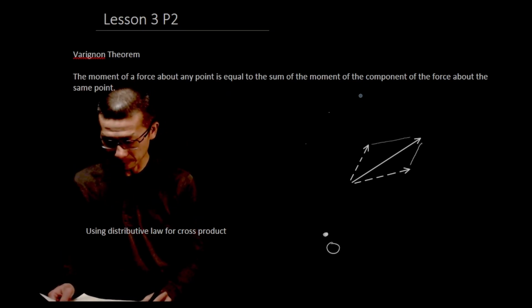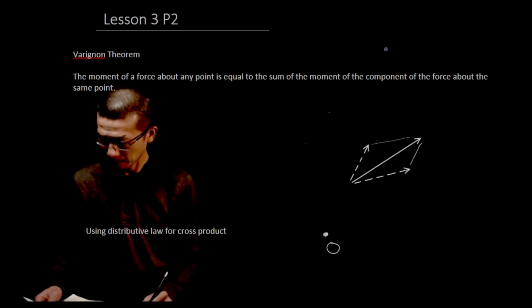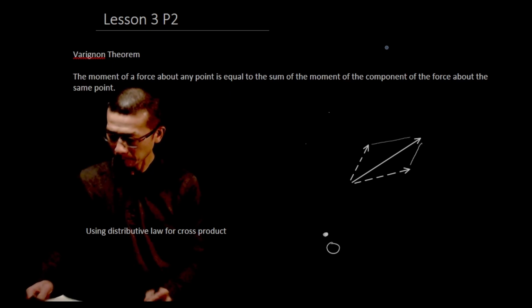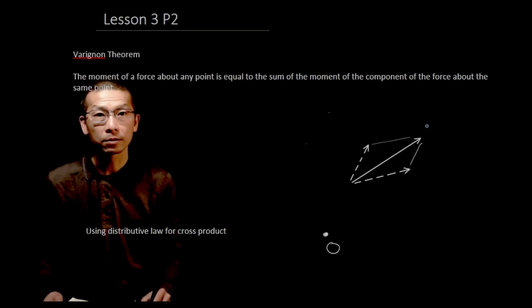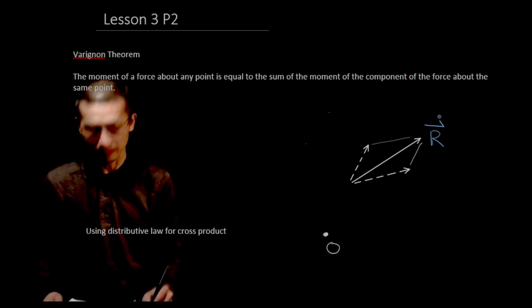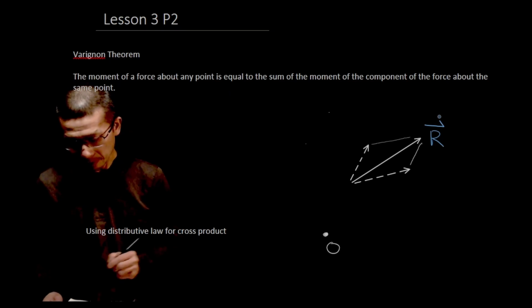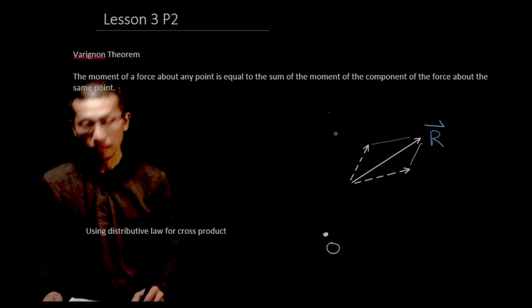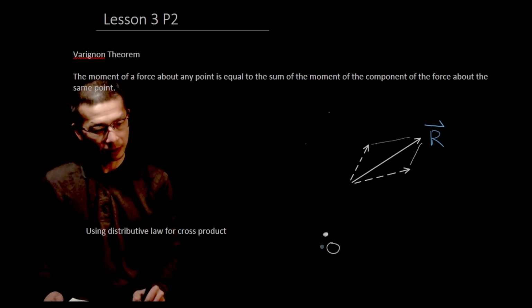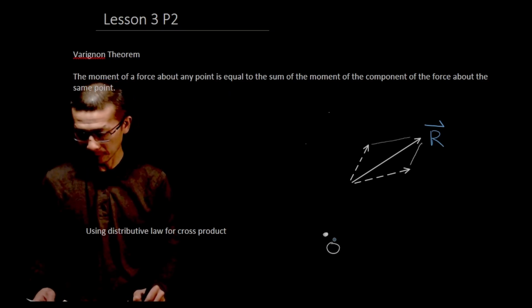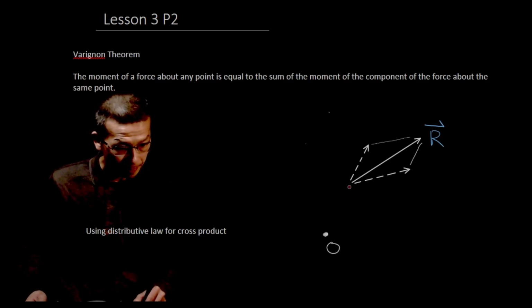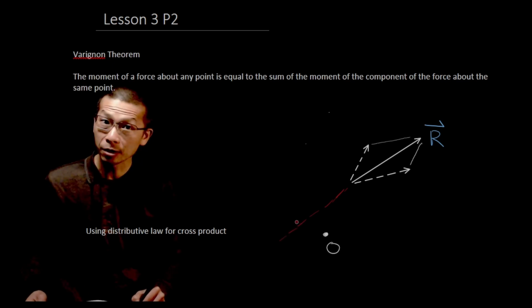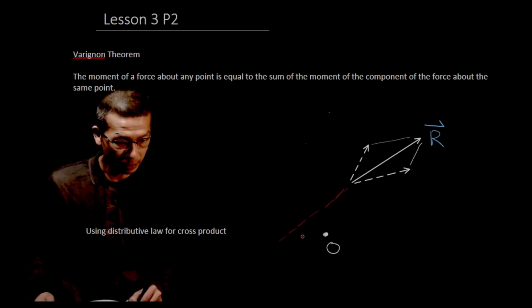So you have a force, say a force vector R. So here we use R. And point O is right here. You can see the point O is right there, right? Now if we draw a line, that's the line of action, right? Line of action.